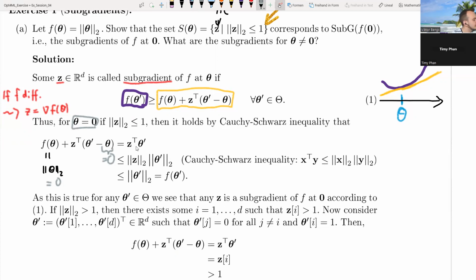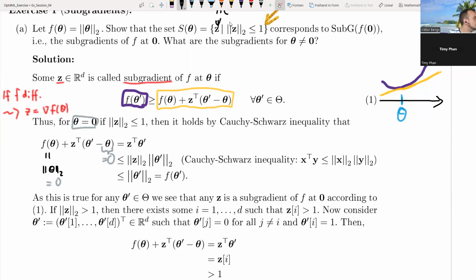Recalling what we know from linear algebra, there is a well-known inequality which gives us an upper bound for the inner product between any two vectors. It's the Cauchy-Schwarz inequality, which states that the inner product of two d-dimensional vectors x and y is always bounded from above by the product of their Euclidean norms.